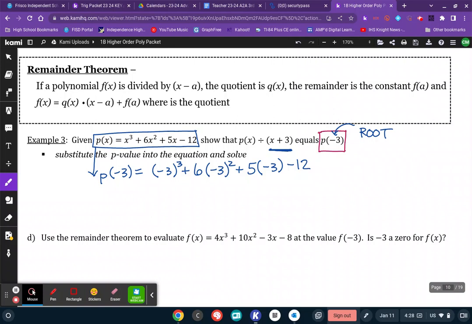So we cube the negative 3 and get negative 27. Square negative 3 and get positive 9. And then let's go back through and multiply 6 times 9. And now we need to combine our like terms.